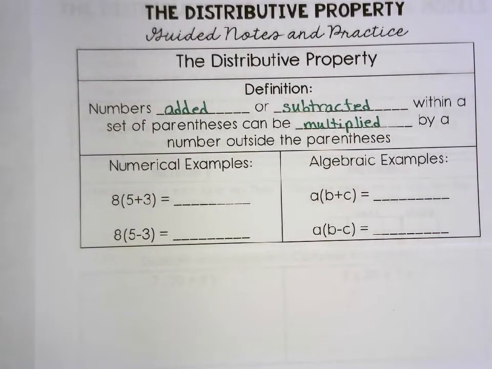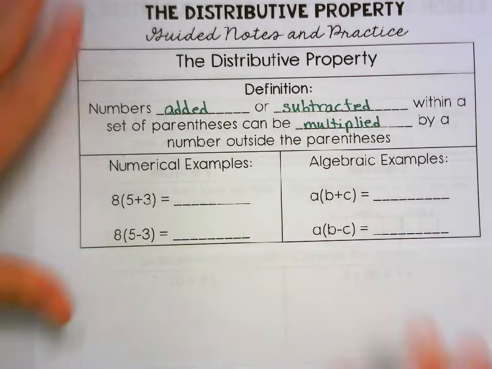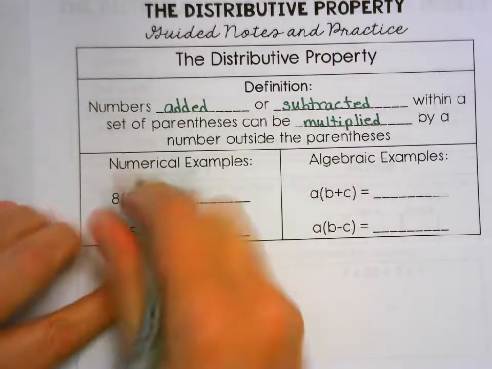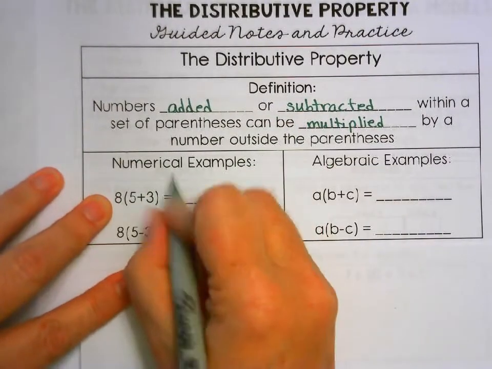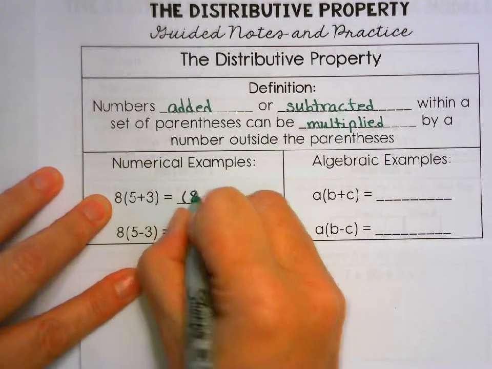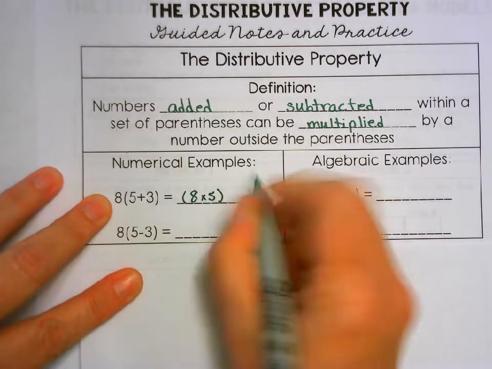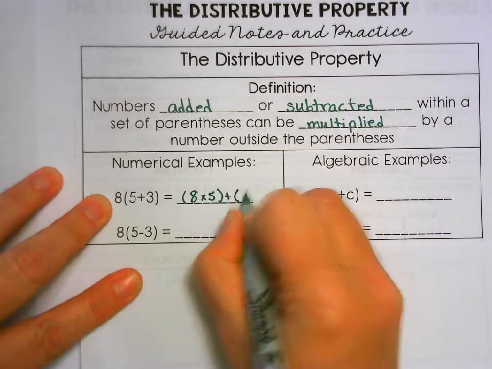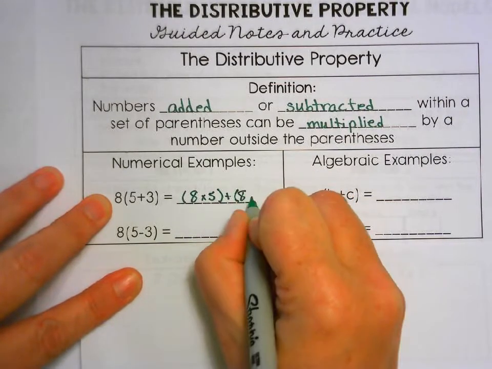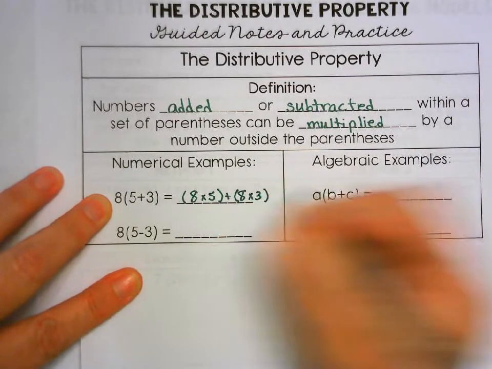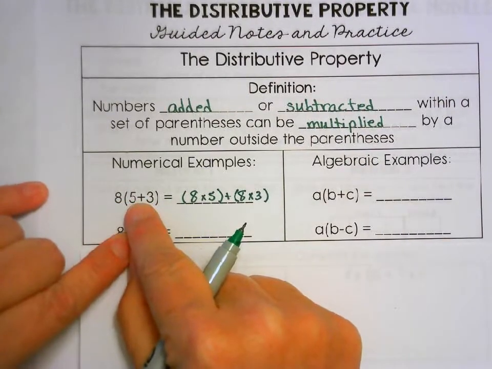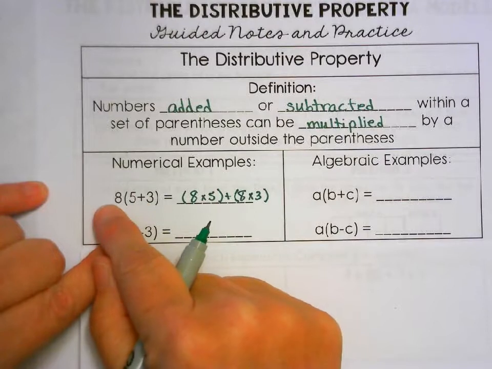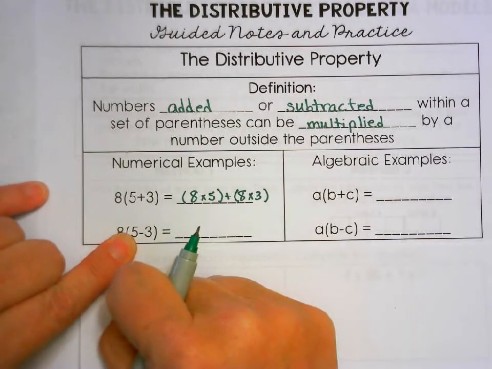The example of distributive property says I am going to multiply the 8 times the 5, and then I am going to add it to the 8 times 3. Basically, it says I can add my numbers first and then multiply, or I can multiply and then add.